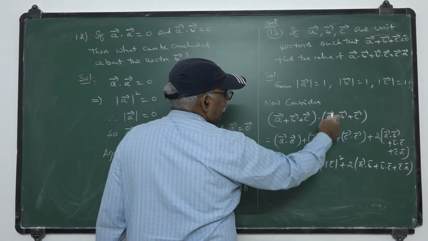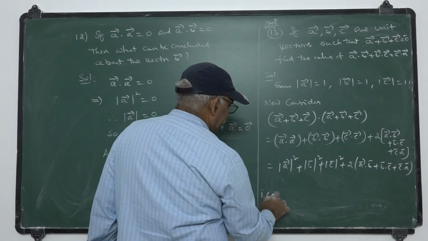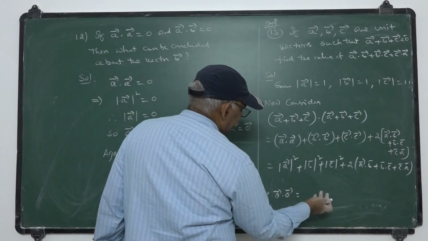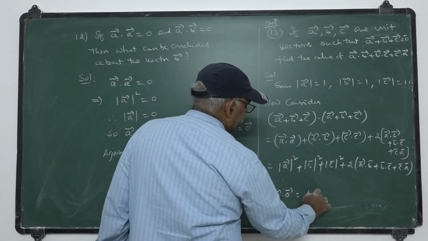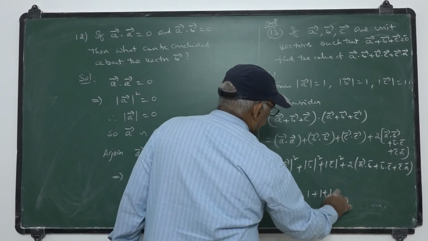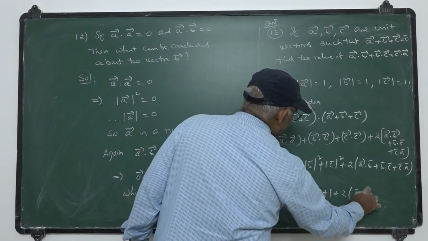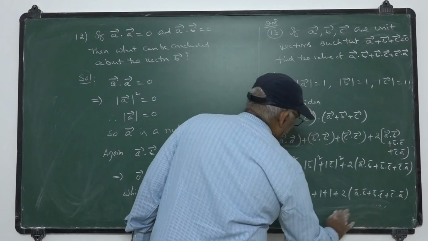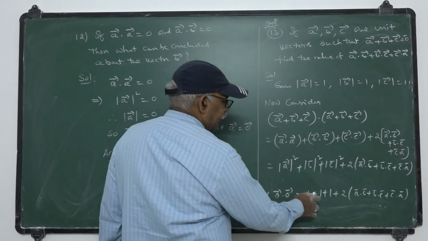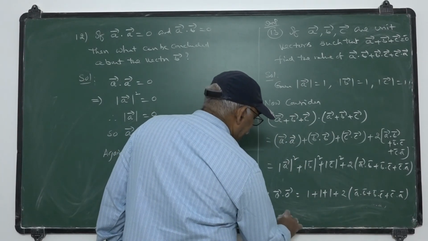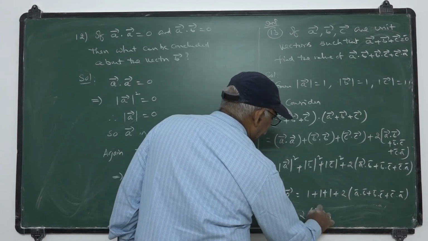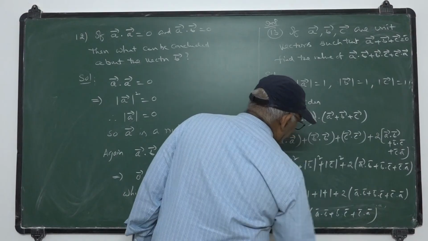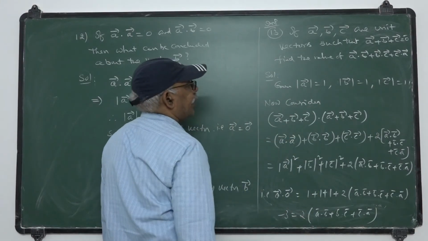So 0 bar dot 0 bar is 0. This is 1 square, this is 1 square, this is 1 square, so 1 plus 1 plus 1 is 3 plus 2 into A dot B, B dot C, C dot A. Since this is 0, we get minus 3 equal to twice the sum of A dot B, B dot C, C dot A. The required value is minus 3 by 2.